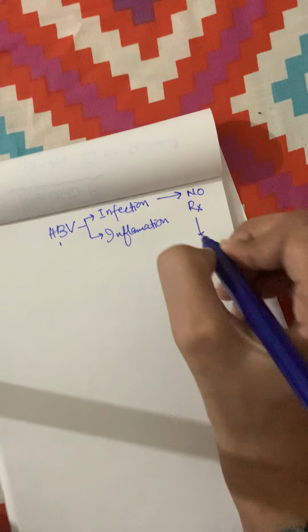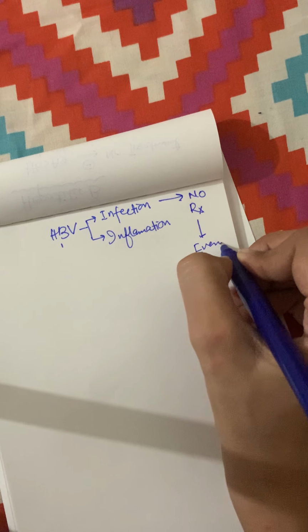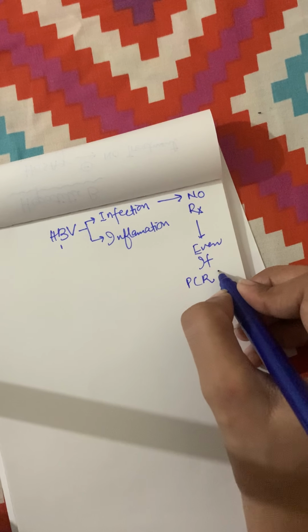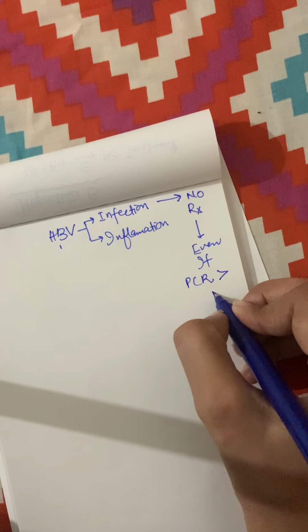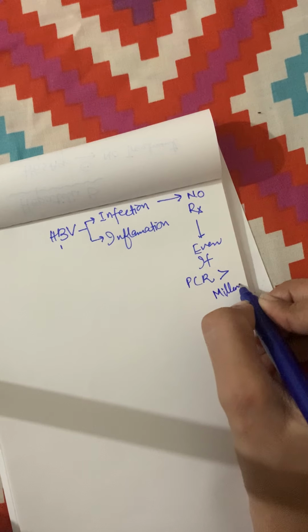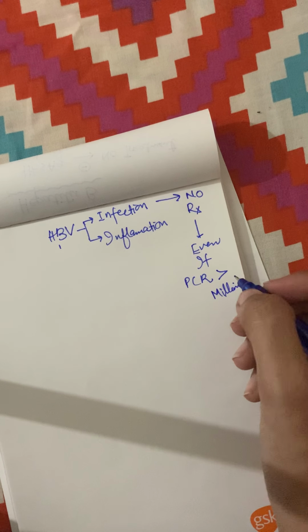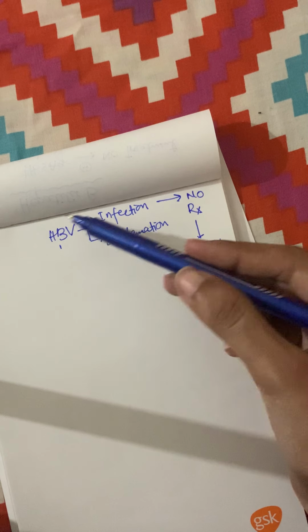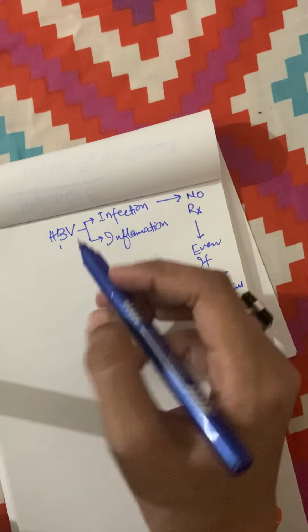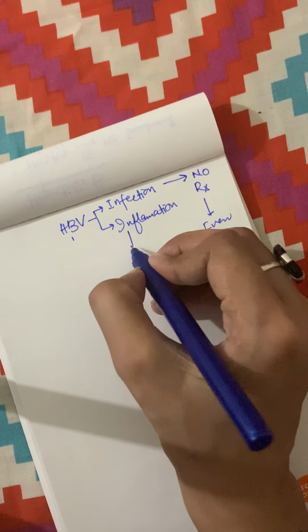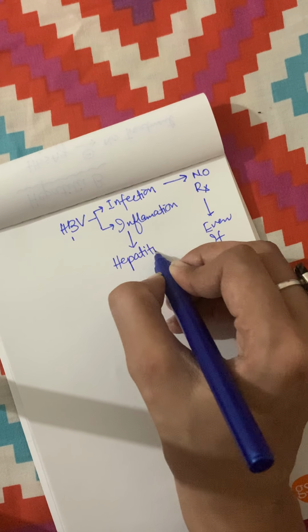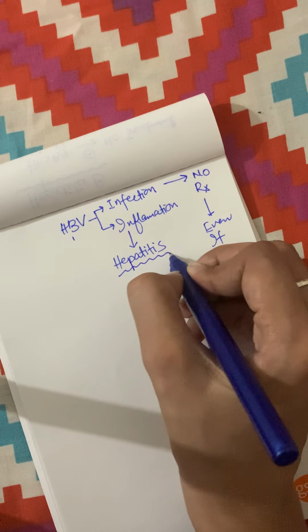Even if PCR shows viral load of millions, we do not treat the hepatitis B virus infection until it becomes inflammation of the liver, that is hepatitis.